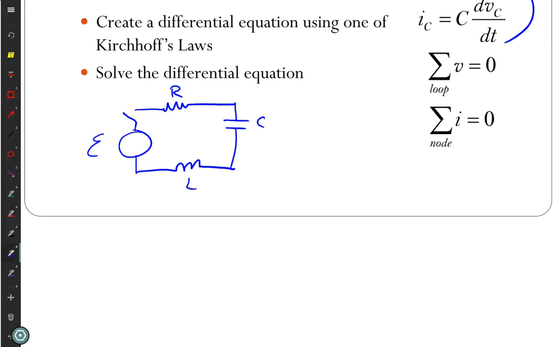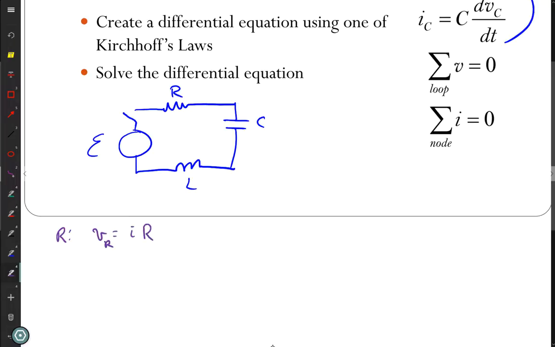So, first thing I need to do, according to my instructions, is to relate voltage and current through each one. So what's the relationship between voltage and current through a resistor? V resistance is equal to IR. I didn't put I sub resistor because they all have the same current. What about through a capacitor?